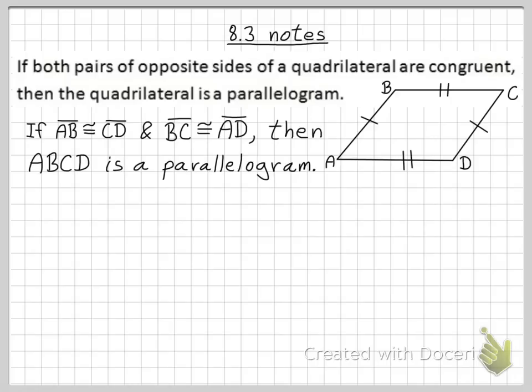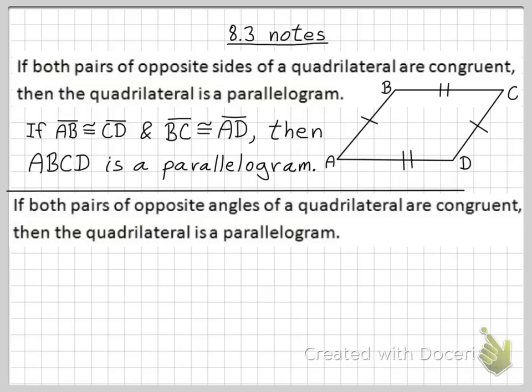So if you have this quadrilateral and you have AB congruent with CD, and BC congruent to AD, then the figure ABCD must be a parallelogram. So that's what we're going to be doing in today's lesson.